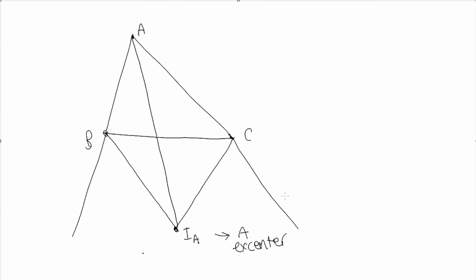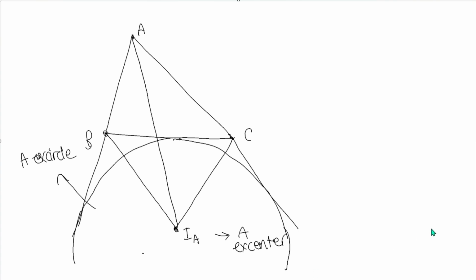And just like the incenter is somewhere here, and it has this circle, the incircle, the excenter has another circle tangent to all three sides. So the incircle is not the only one. And this circle out here is known as the A excircle.